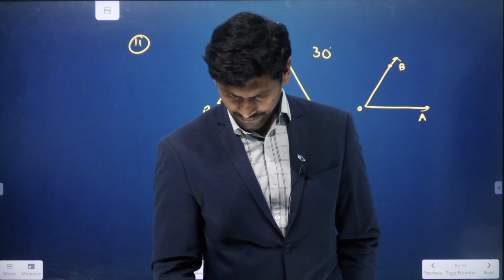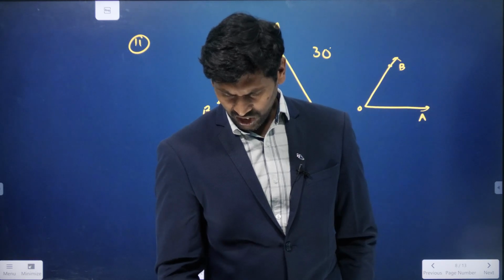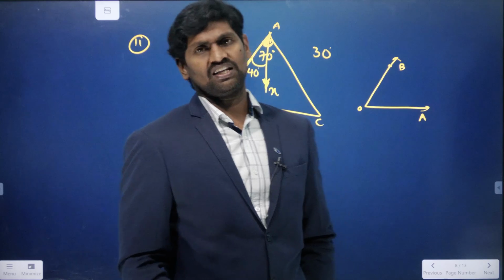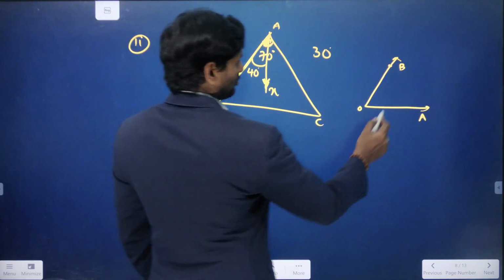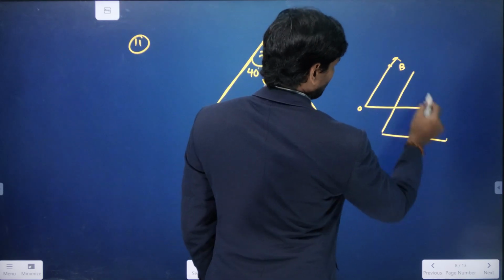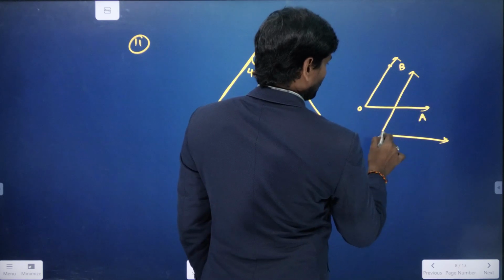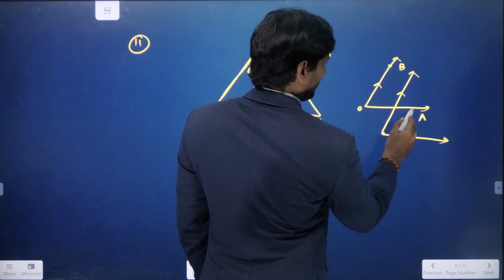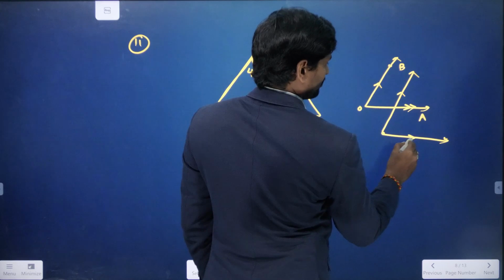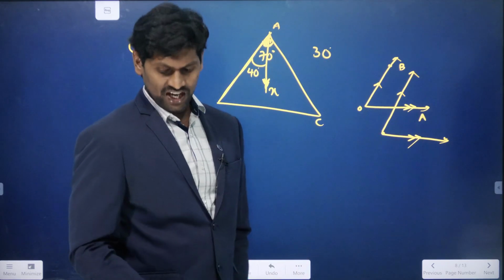OA is an arm and OB is an arm. And also given that the arms of one angle are respectively parallel to the arms of another angle. So we can consider another angle like this. These two arms are parallel and these two arms are parallel. According to the problem.